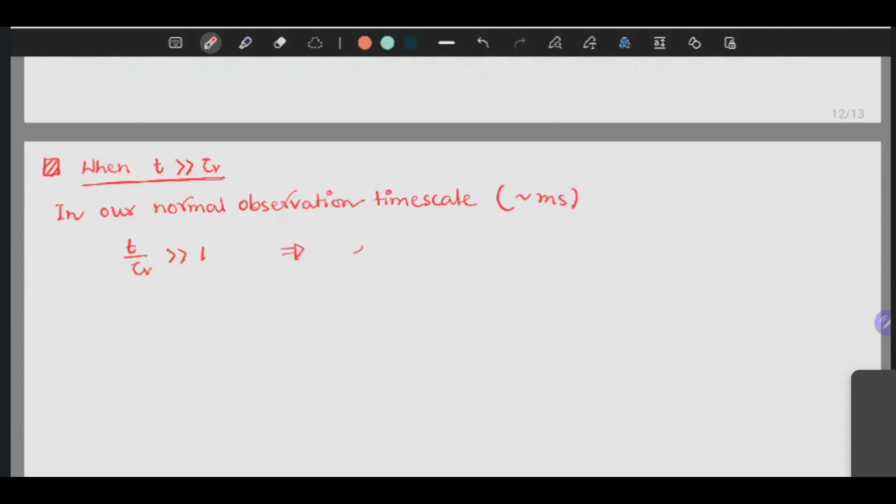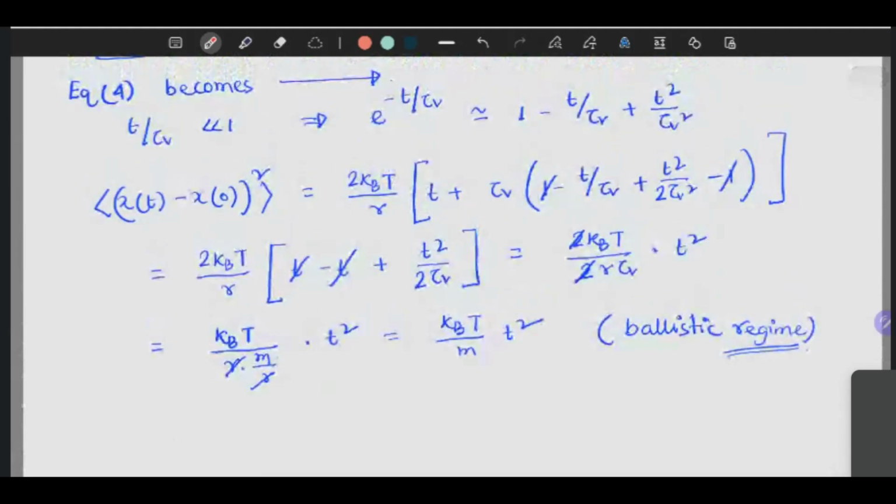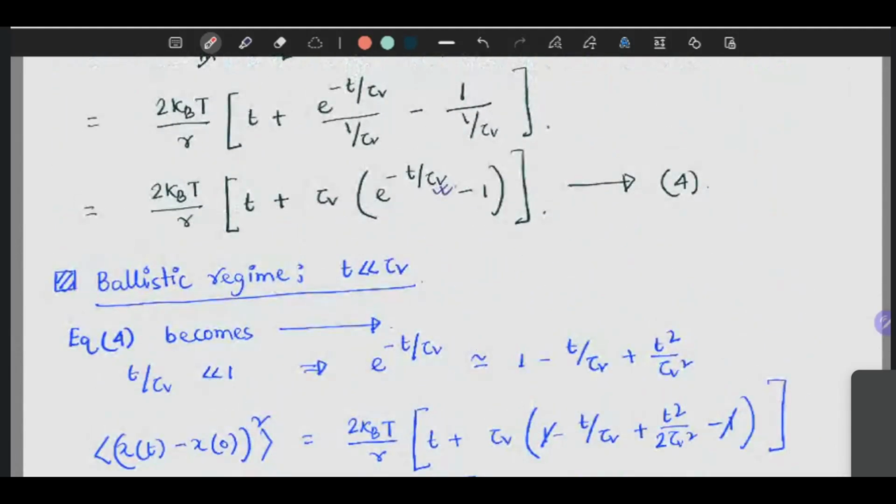That makes e to the power minus t by tau v go to e to the power minus infinity, so that tends to 0, right?